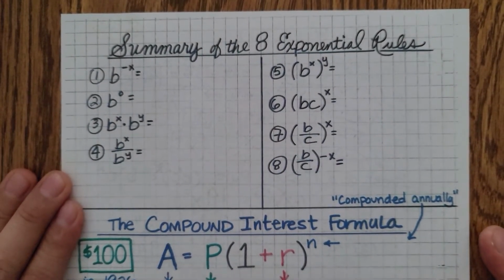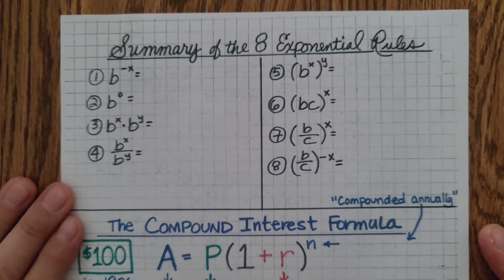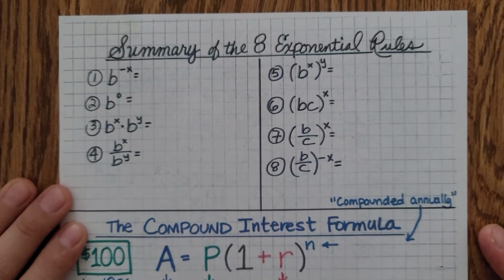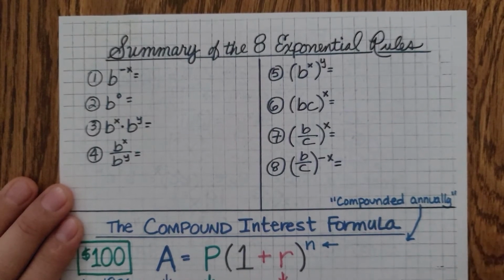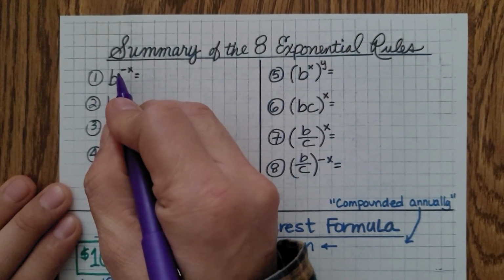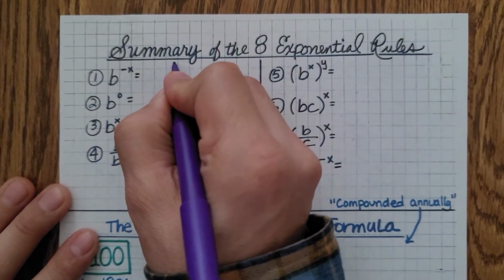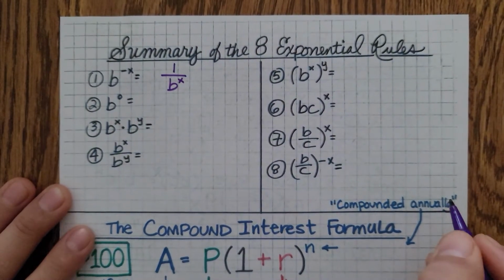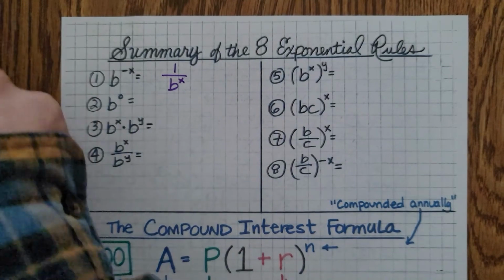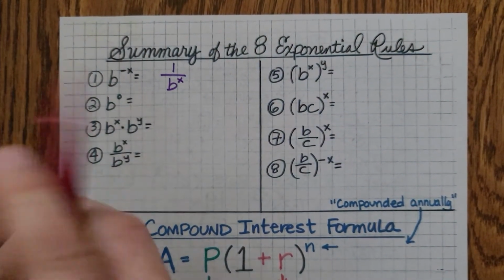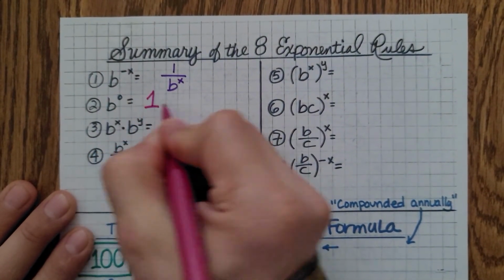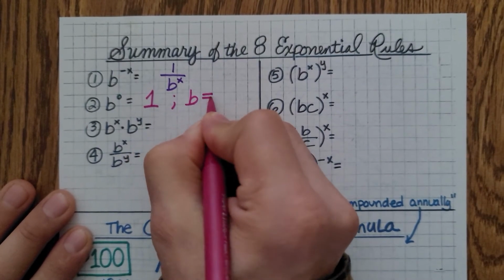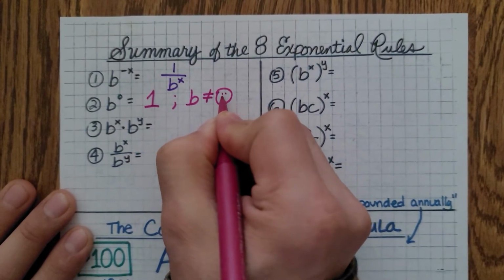A summary of all 8 exponential rules that we learned both yesterday and today. B to the negative x is the same as 1 over b to the positive x. B to the 0 is equal to 1 as long as b itself is not equal to 0.